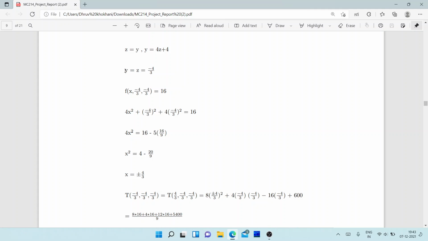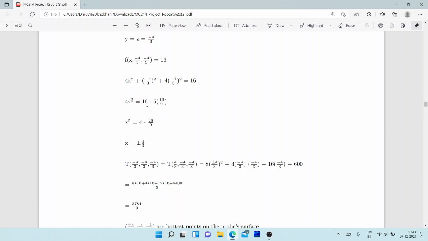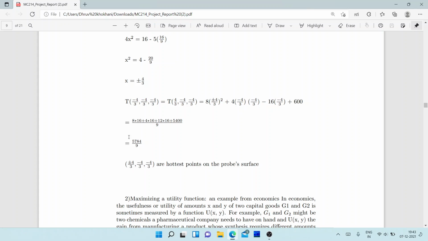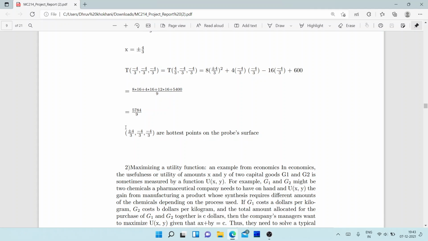We put these values of y and z in this equation, and we get x equal to ±4/3. And then we put these two points in the temperature function T, and we get the hottest temperature as 5784 divided by 9. So we get a total of 2 points on the surface of the probe where the temperature is the highest.